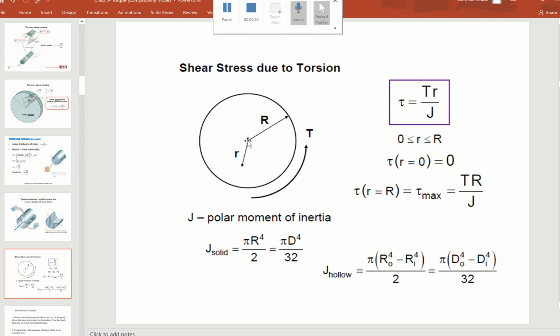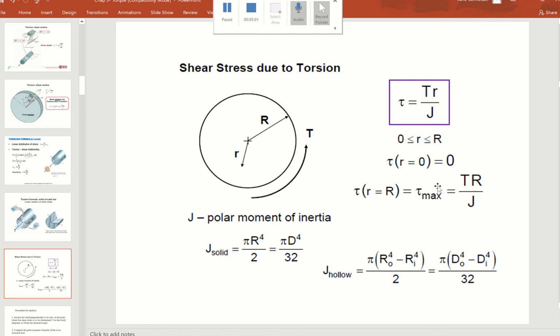If that point of interest is at the center, then r will be equal to 0, and putting it in the equation, the shear stress tau will be equal to 0. If the point of interest is at the outer surface, which is the radius, this big R, the radius of the circle, then you're going to experience the maximum amount of shear stress. So this point of interest could be anywhere between 0 and the radius. The small r here, be aware, is a variable. It's where this point could be, between 0 and the outer radius.